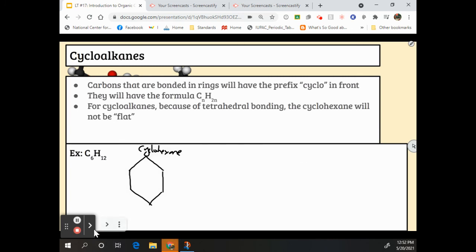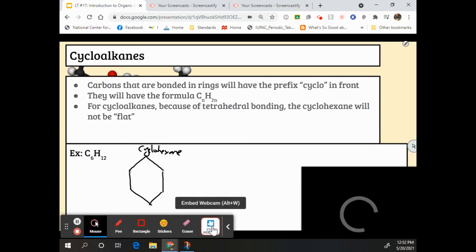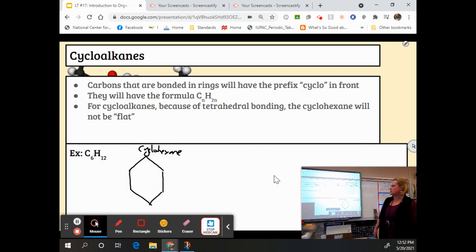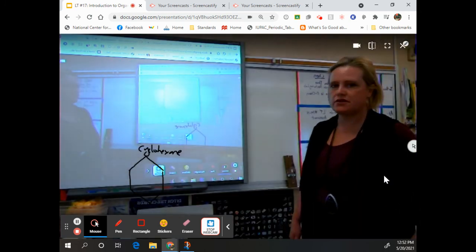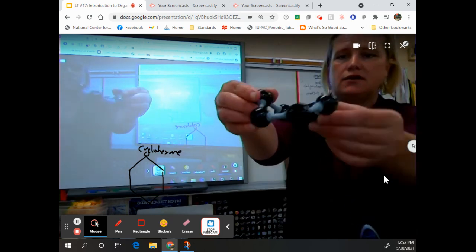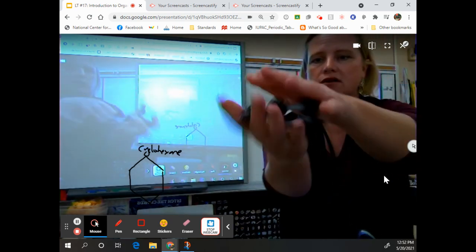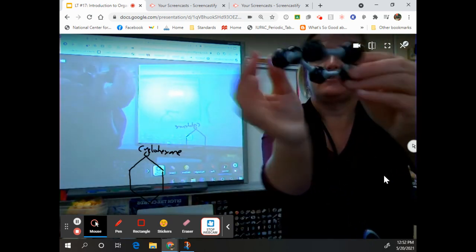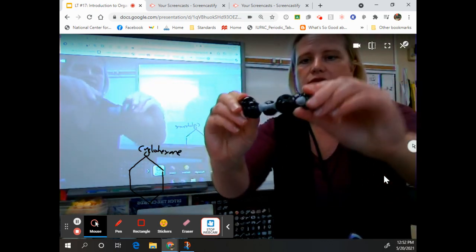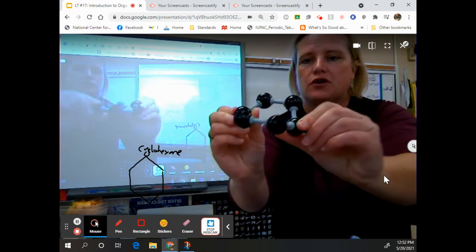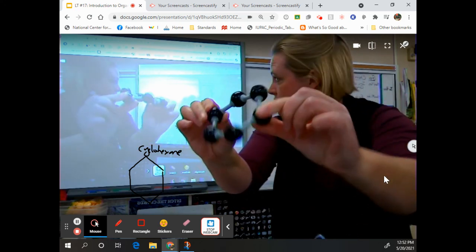If you could draw your attention to the webcam that's going to be in the bottom right here. You'll notice that when I built this in a model, it is not flat. In fact, I've got one up in the air just like this. And these bonds constantly move. So those are rotating around each other, just like that.